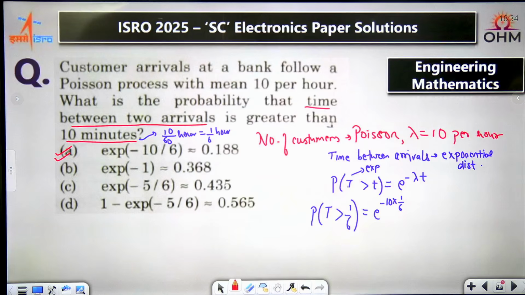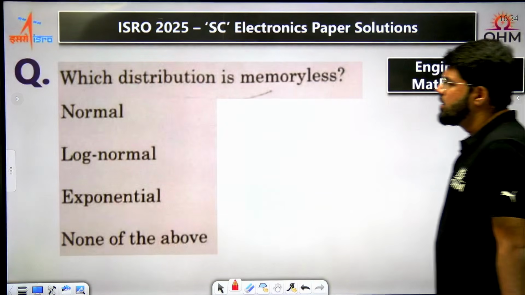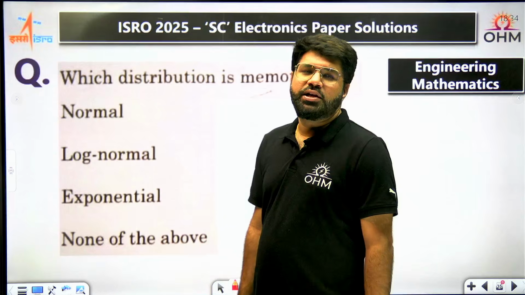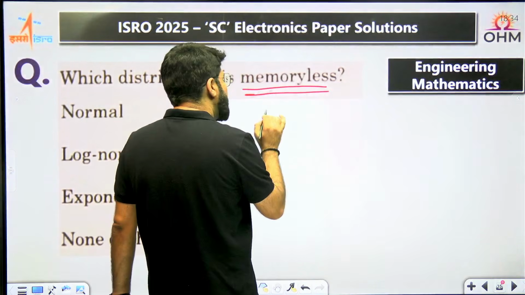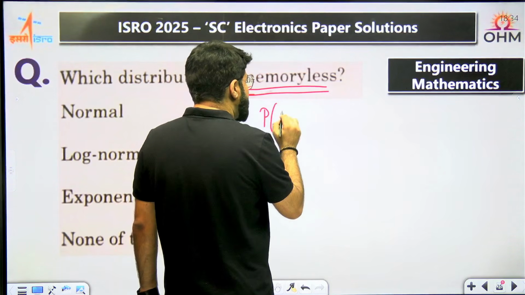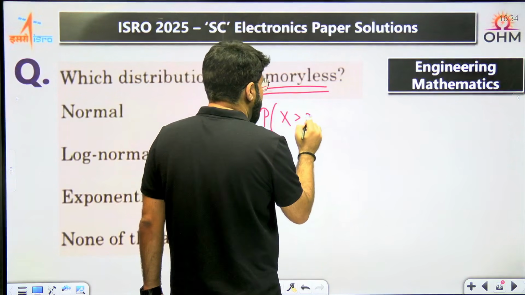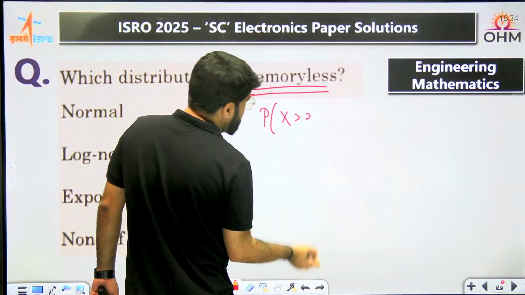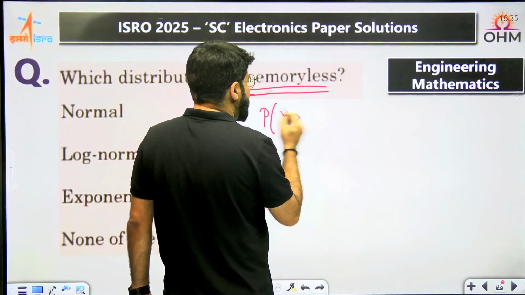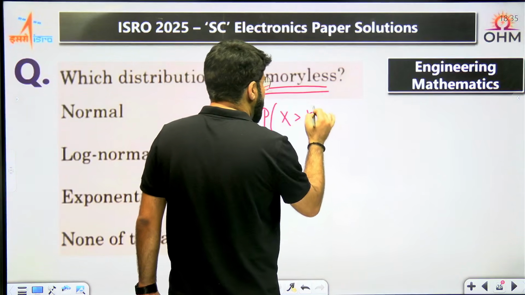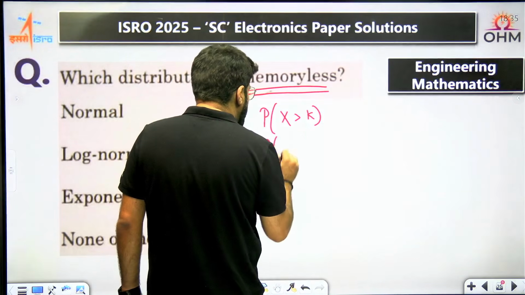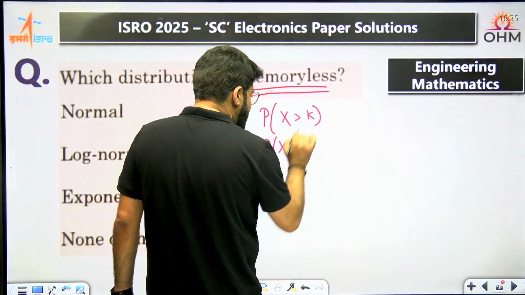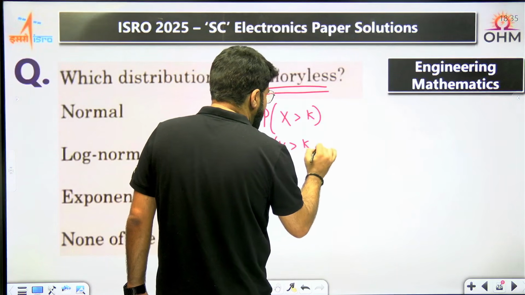Anyways, next one. Which distribution is memoryless? Now, what is the concept behind memoryless? Suppose you calculated the probability X greater than k, and then you are calculating the probability X greater than k plus h.